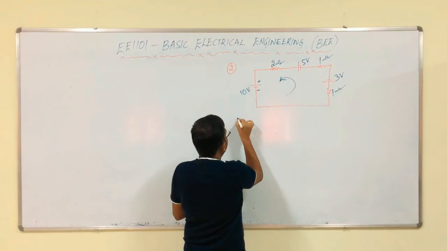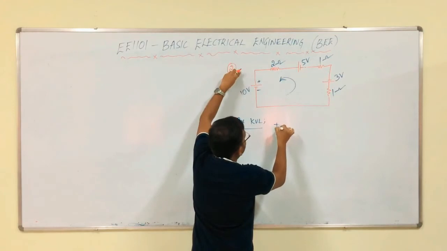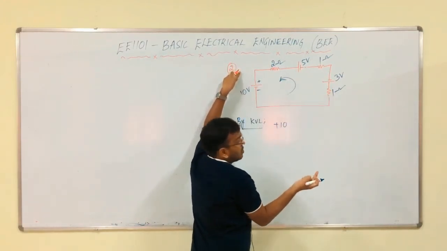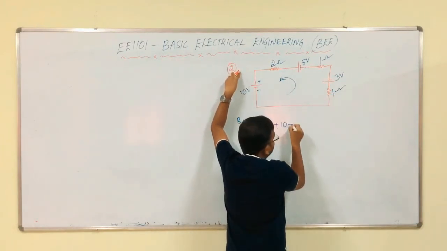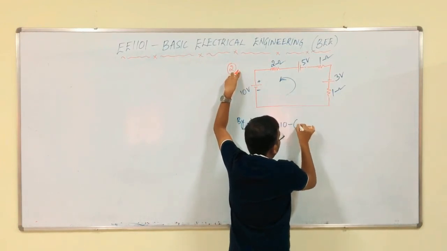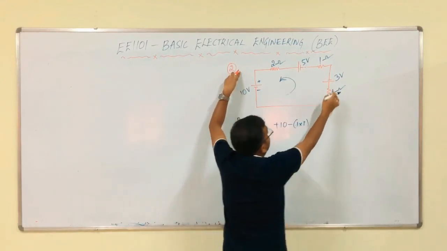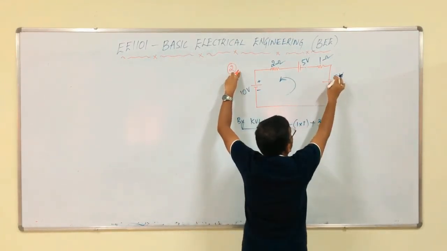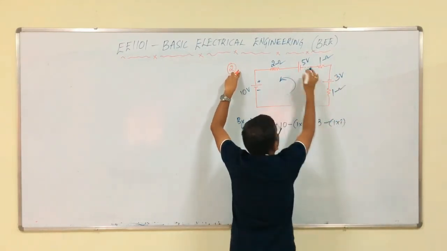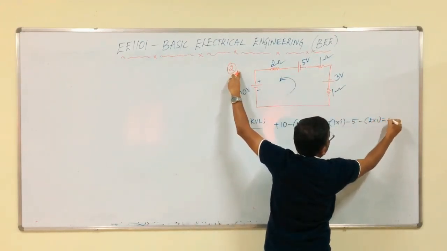Starting from here by KVL, plus 10, and we are considering negative voltage drops across these resistances, that is minus 1 into I, since voltage drop means IR, then 1 into I, plus 3 positive to negative, again negative 1 into I, minus 5, minus 2 into I is equal to 0.